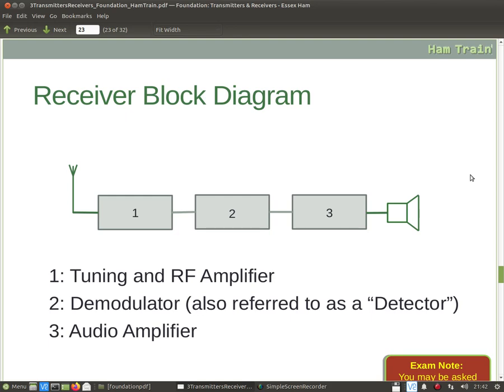Stage number 2 is the demodulator, so this is going to remove the audio from the carrier, and finally that audio is going to be amplified through stage number 3, which is the audio amplifier, which then goes to a loudspeaker or to headphones.